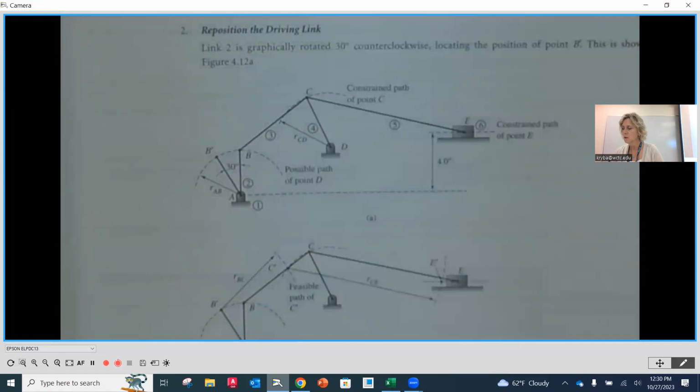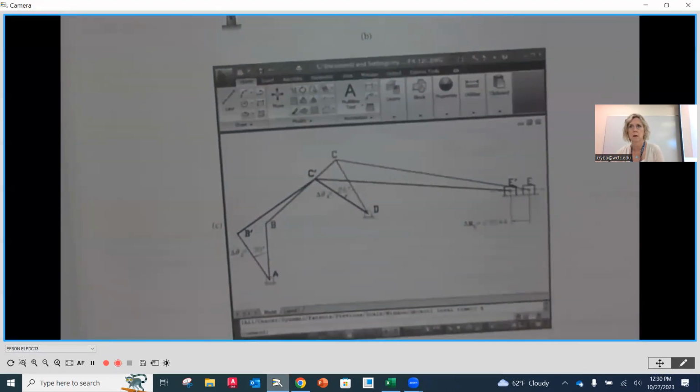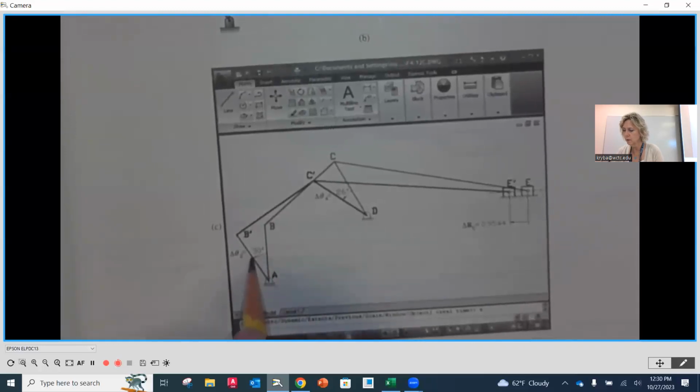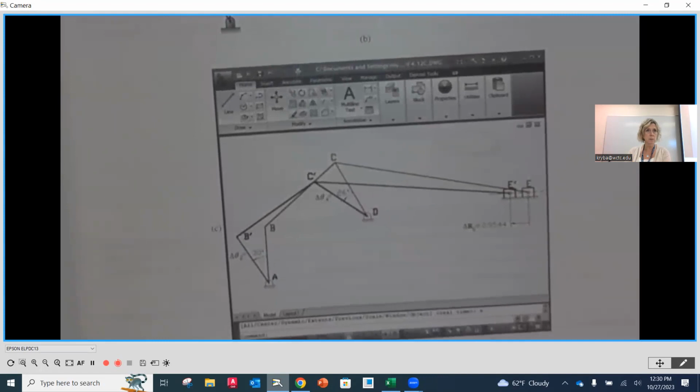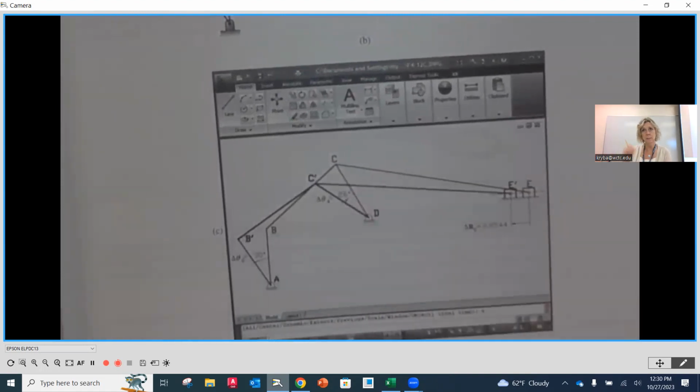You'll notice that they added the angle there for how it displays. With the driver moving 30 degrees, C to D, or link number 4, went counterclockwise as well, the same direction, but it only went 26 degrees. And then it also wanted to know what happened at point E over here. E was pulled to the left, and then that resulting displacement.